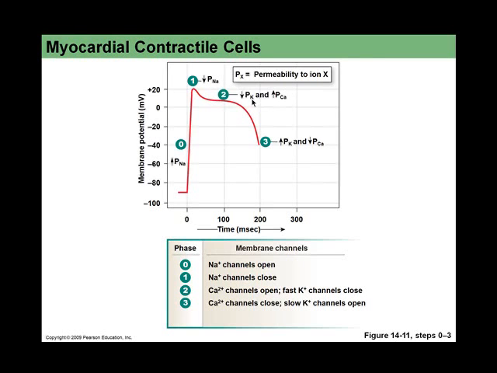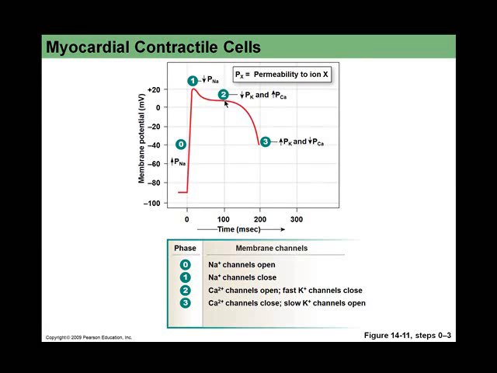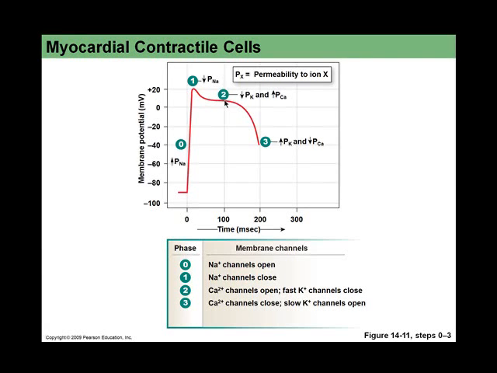But because we have different populations of actually sodium and potassium ion channels, there are different phases where the permeability for those ions will change at different rates.